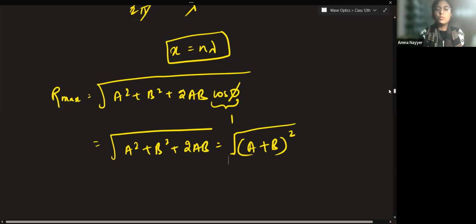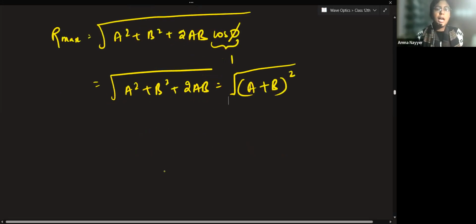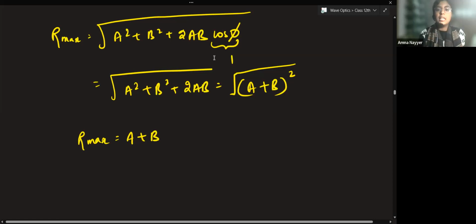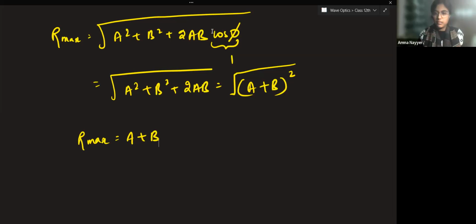Can I write A square plus B square plus 2AB as A plus B whole square, with the square root there? So the square root cancels the power 2. That means R max is equal to A plus B. So if you know this is the case of a bright fringe, directly write it as A plus B. No need to solve anything.